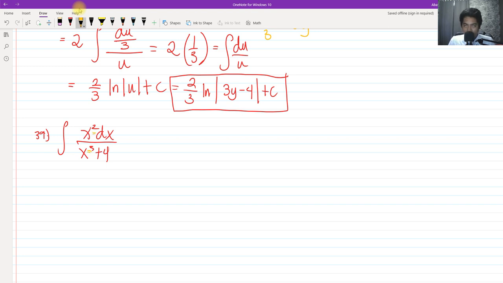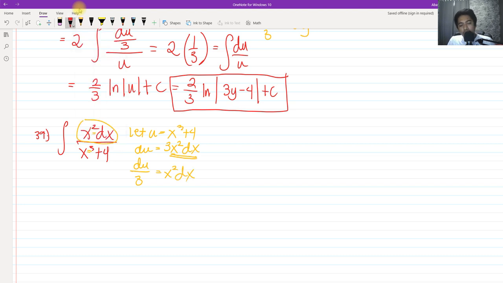So most probably, this would be a u substitution again. If I'm going to let u be x cubed plus 4, the derivative of u with respect to x is 3x squared dx. I have x squared dx on my numerator, so I only want x squared dx here. So you have du all over 3, and then we have x squared dx here.